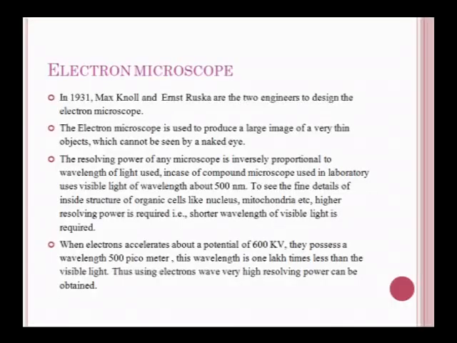Now, coming to the electron microscope. Let us try to understand what a microscope is. As you know, a microscope is one through which an object that cannot be seen with our naked eye can be seen.